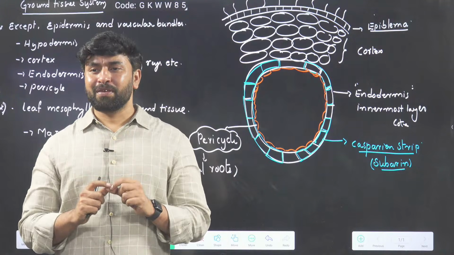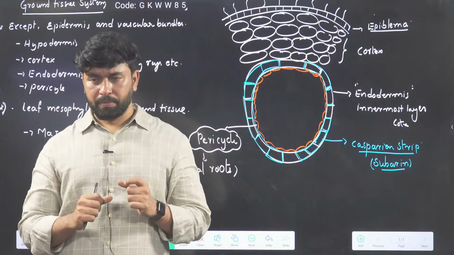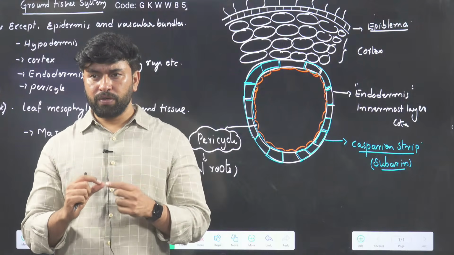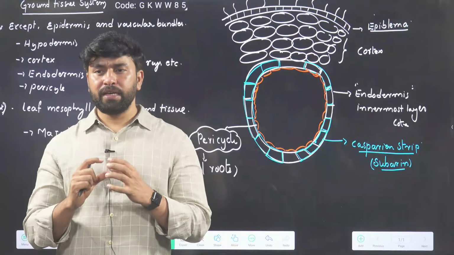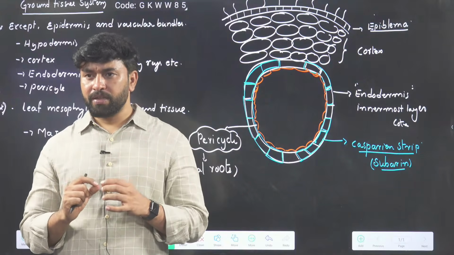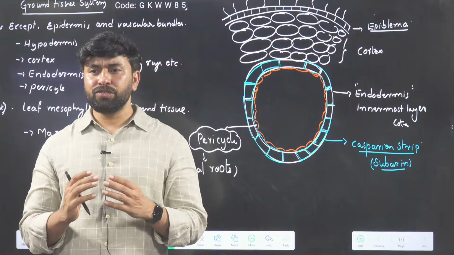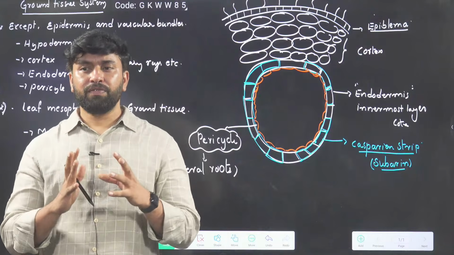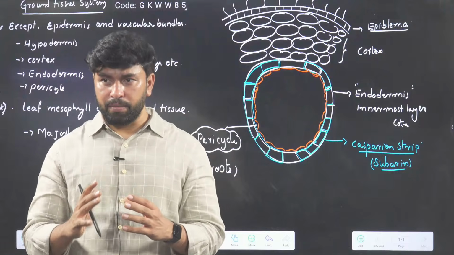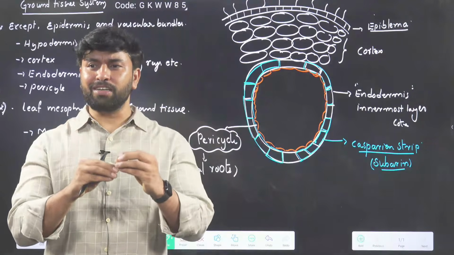Axillary bud. When I was talking about axillary bud, I said this: some amount of shoot apical meristem is left over at the axil of leaf that behaves like axillary bud. That axillary bud in future can form a branch or it can form a flower. Now, branch is developed from axillary bud. That axillary bud is an external or internal organ?